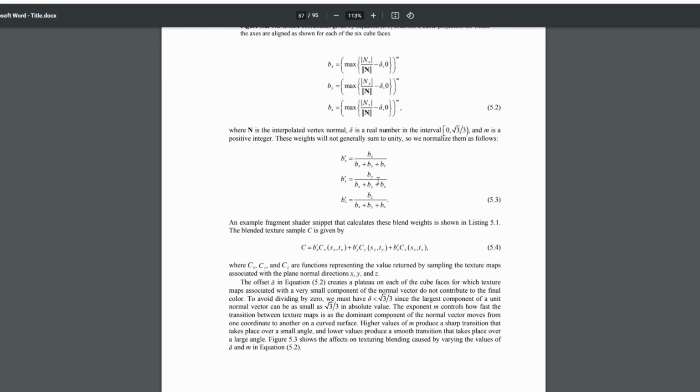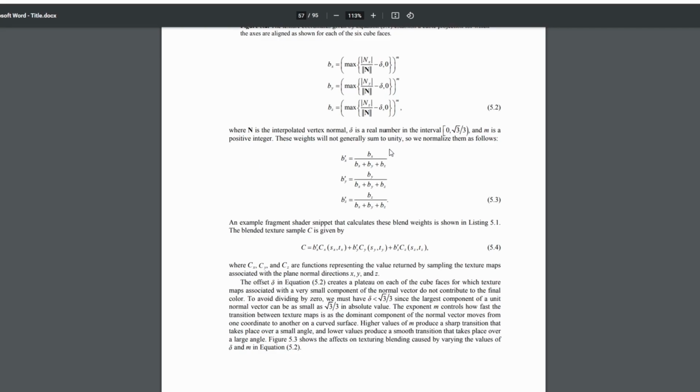The previously mentioned variables delta and m are fairly important to the final blend. Delta controls how much one texture map shows up over another. The larger values of delta create larger plateaus on the cube faces, which cause samples with very small normal contributions to not be included. The exponent of m determines how fast transitions between texture maps are as the dominant component of the normal moves along curved surfaces.